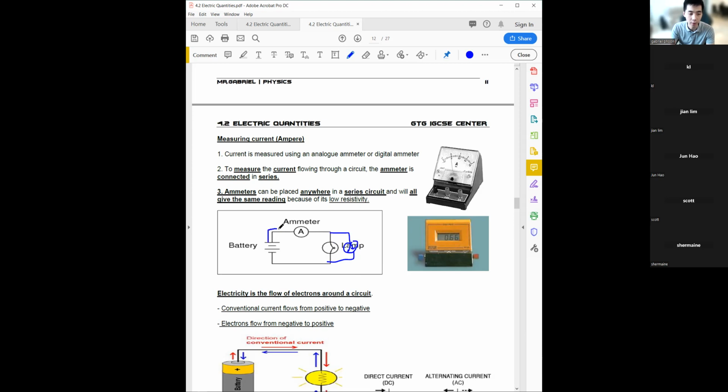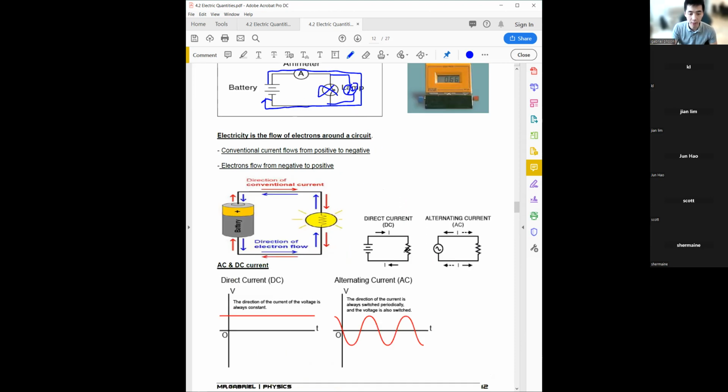Because the current would have chosen the path of least resistivity. It could have flowed down like this, or it could have flowed towards the right. But because ammeters have such a low resistivity, all the current will choose to flow here and bypass the lamp instead. So this whole thing is not even going to light up. You understand? Okay. Yeah, must be connected in series, cannot be parallel.